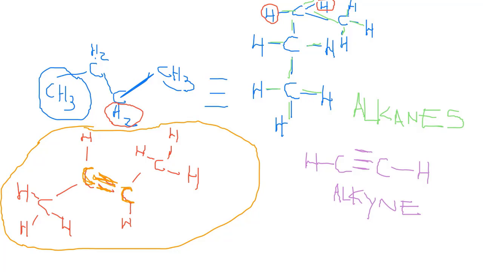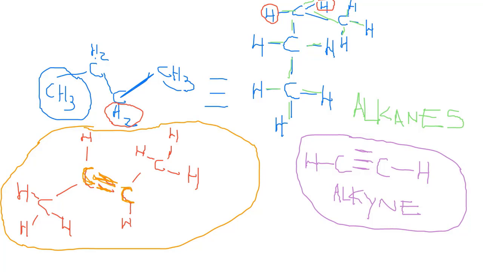This is an alkyne. So when you are in the presence of a compound where 2 carbons have at least a triple bond, you are going to say it's unsaturated and it's an alkyne.